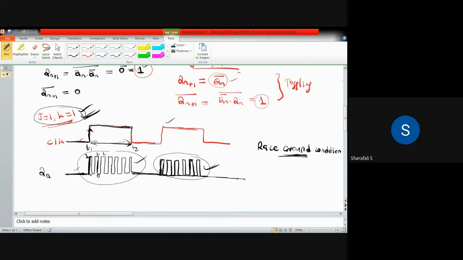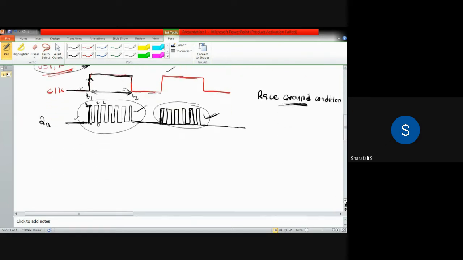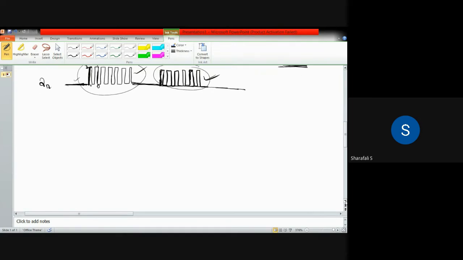In order to solve this race around condition, we will use another flip-flop called the master-slave flip-flop. In this case, we will use two JK flip-flops, or you can use a JK flip-flop and an RS flip-flop.